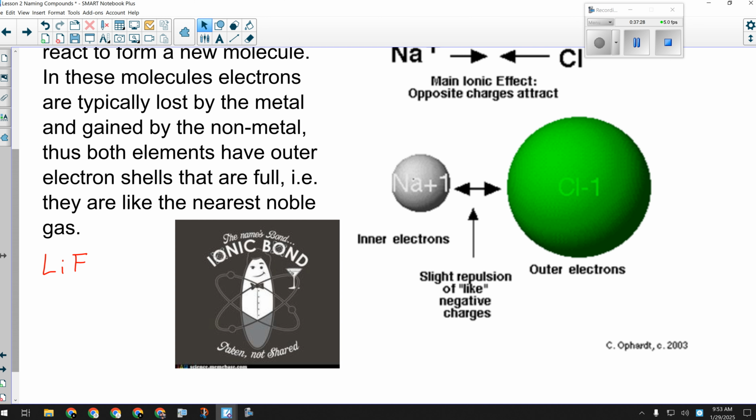Lithium fluoride. That's it. When you're naming ionic compounds, you write the name of the metal, exactly as it appears on the periodic table, and you write the name of the non-metal, and you change its ending to "ide." That's it. That rule applies to any compound that is made of a metal and a non-metal.